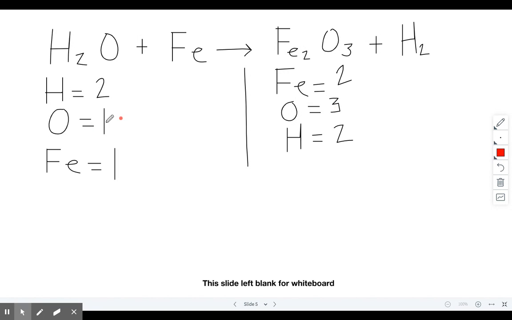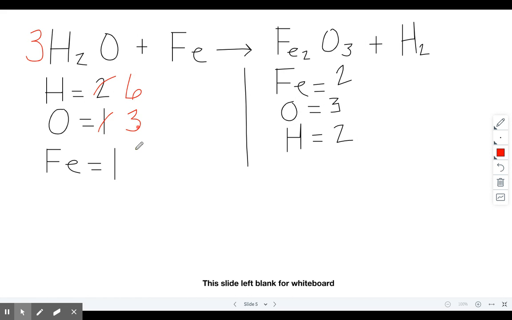What can I multiply by 1 to get 3? Well, that would be 3. So I put a 3 in front. Now I have 3 times 2, which gives me 6 hydrogen. And 3 times my 1 oxygen gives me 3 oxygen. So now my oxygen is okay. But now I've thrown off my hydrogen, and my iron is still off.